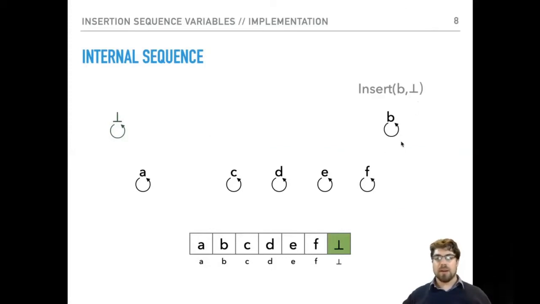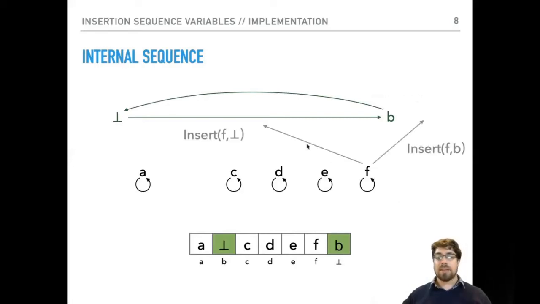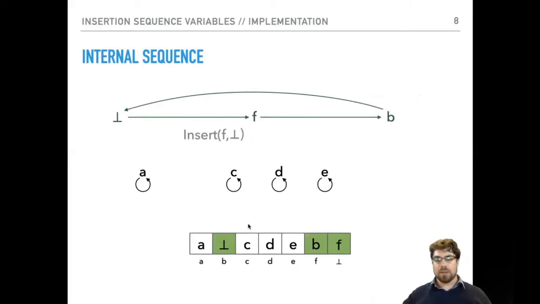And so we can insert an element after bottom. So we will simply modify the value of the reversible integer to reflect the new state of the sequence. Elements can then be inserted at different positions. So for example, here we could insert F between bottom and B, so meaning that we insert F at the beginning of the sequence, and we will simply change the state of our reversible integer array to represent that.